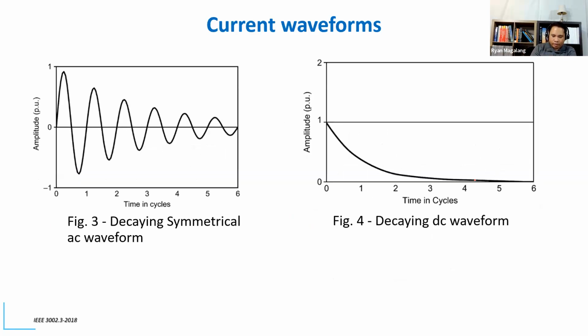So here's a decaying symmetrical AC waveform. What is this really? We mentioned that there are generally three sources of fault, the first being your utility. You could think of your utility as a very strong source.